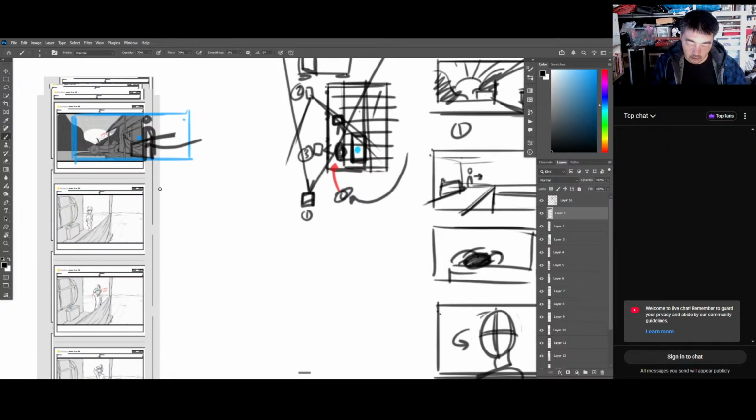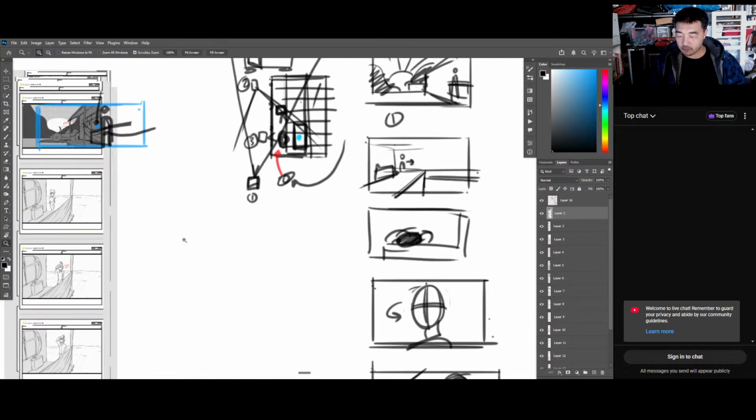So what is the core of this moment? It's all competing with each other. When I looked at the animatic, it looked like the main thing was the relationship between this girl and this boy. But here I'm not sure. It seems like this glowing thing is important. So how do we simplify it?